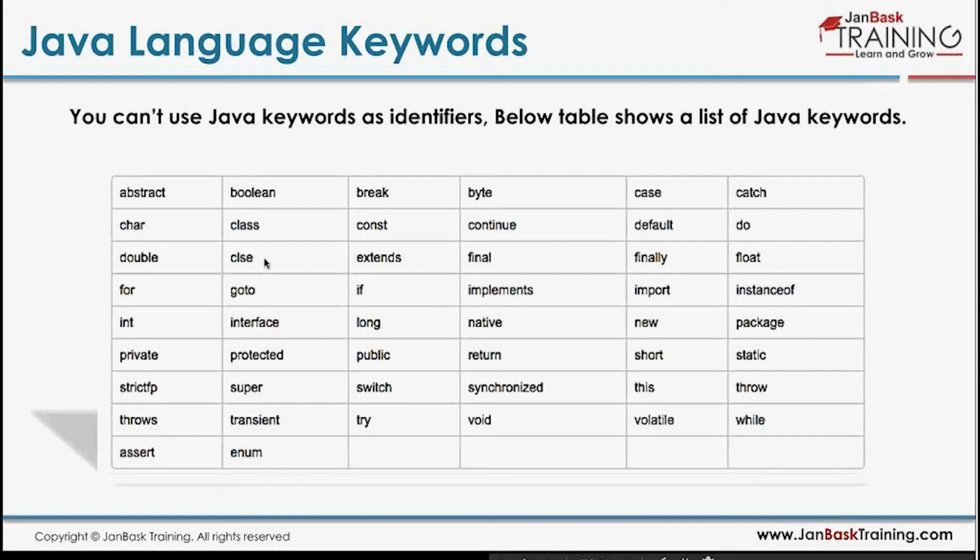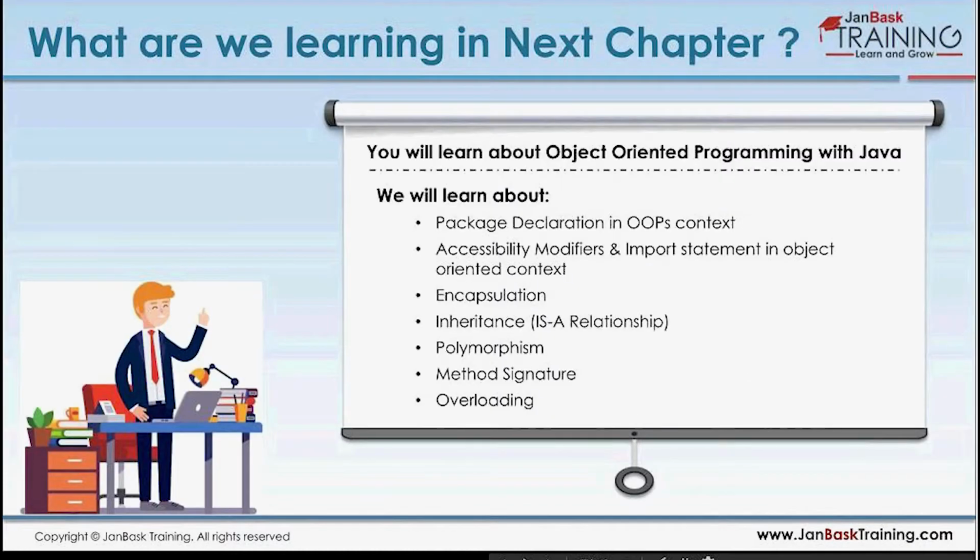So you cannot name variables with them. I cannot call a variable byte, because it's a part of the Java language. These are restricted, so that these keywords cannot be used as your identifiers. So that's all about the Java language identifiers, the package declarations, and the access modifiers.